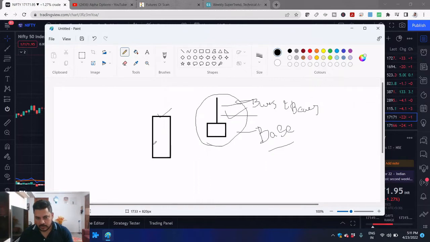Let's try to identify this on higher time frame charts, because if you follow these on very short time frames like 3 minutes or 2 minutes, it will be very difficult to catch because you will get multiple entries. So let's identify this on a bigger time frame chart.